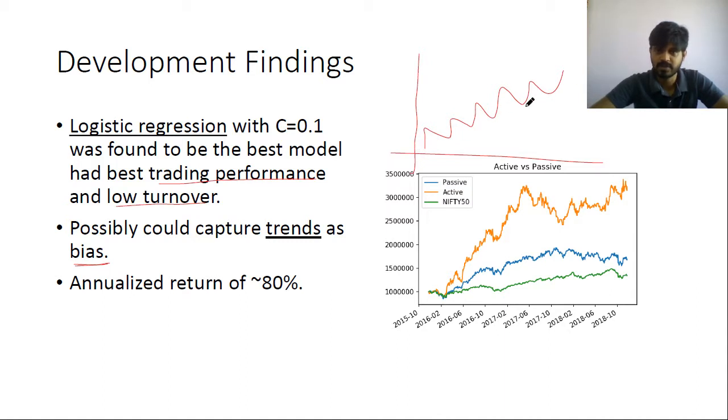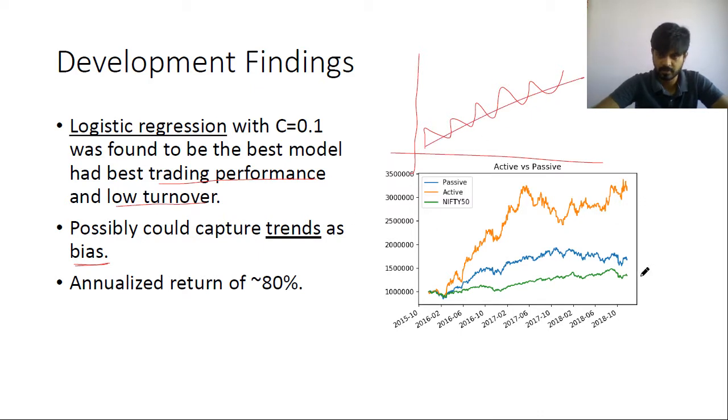So this means that it's probably going up in like 70% of days, so logistic regression would just apply a bias. Whereas if I try to use tree type models like random forest, it would try to fit all these movements here. So this is my reasoning of why possibly logistic regression is performing well.